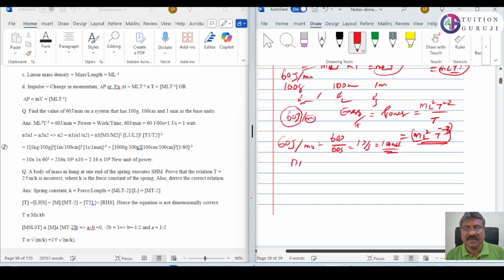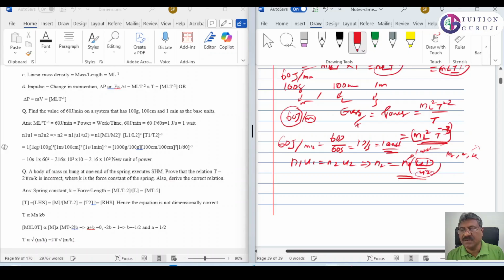So we know that N1 U1 is equal to N2 U2, which implies N2 is equal to N1 U1 by U2. Okay, so N1 we know is 1 watt, and U1 is in kilogram, meter and seconds, that is in SI units.